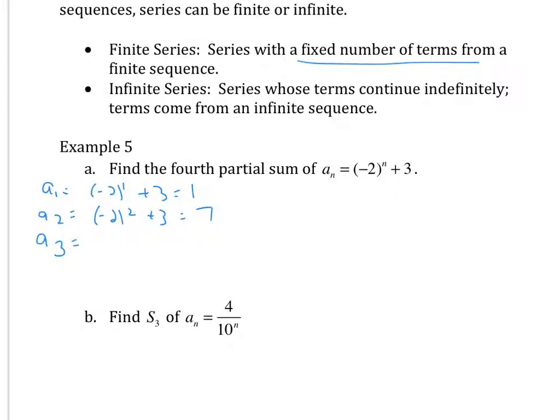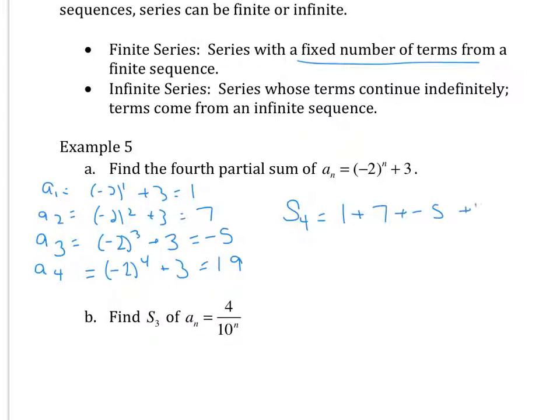A sub 3 would be negative 2 cubed plus 3. So that's negative 8 plus 3 would give you negative 5. And then a4 would be negative 2 to the 4th plus 3. So positive 16 plus 3 would give you 19. So S4 would be 1 plus 7 plus negative 5 plus 19, which is going to give me 22.